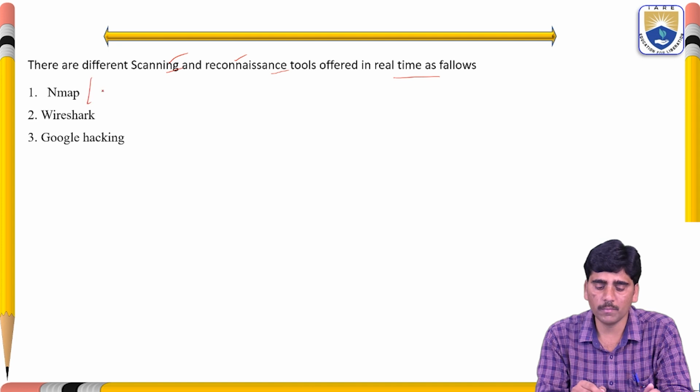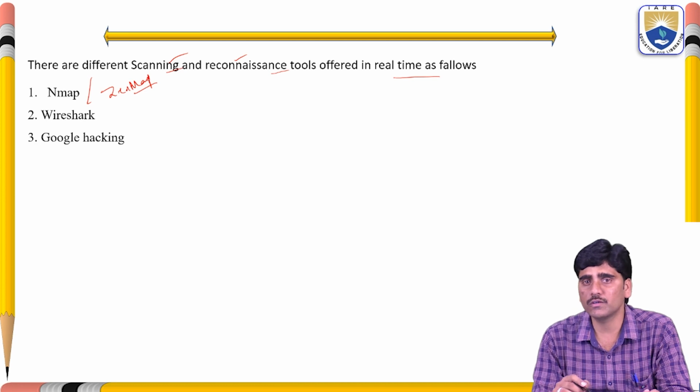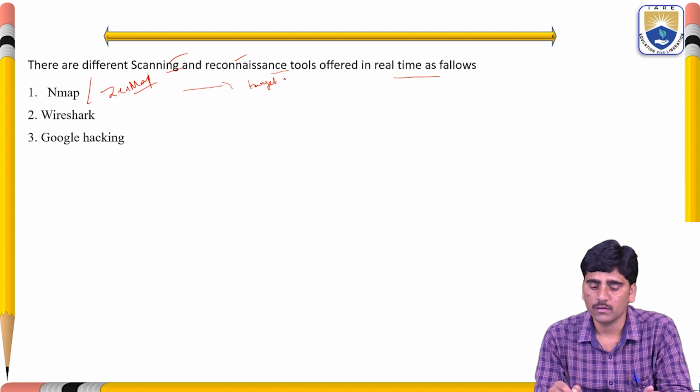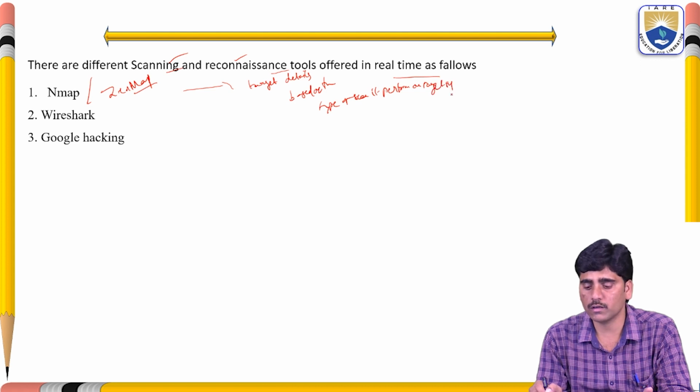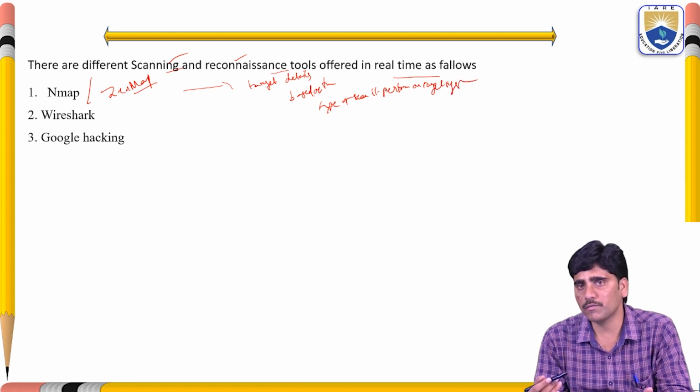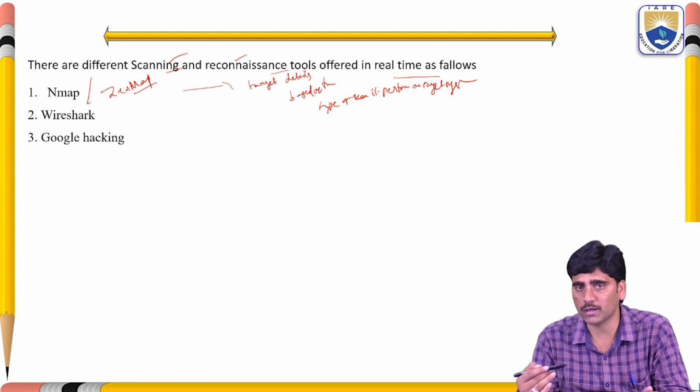One is the Nmap or Zenmap tool, which is used especially for scanning and reconnaissance, and it displays the target system details based on the type of scan it performs on the target system.